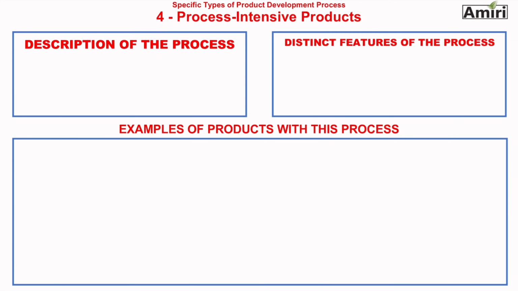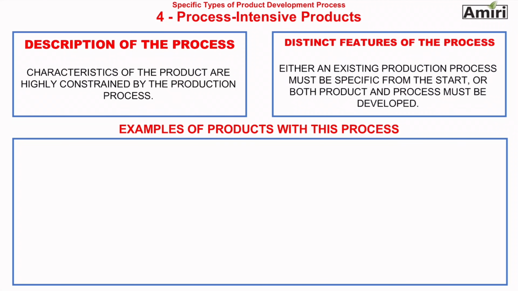The next one we're talking about is process-intensive products. Here, the product characteristics are heavily influenced by the manufacturing process. So either an existing production process must be used from the start, or both the product and the process to make that product need to be designed and evolved together.